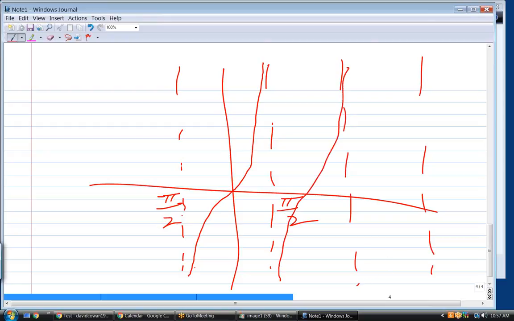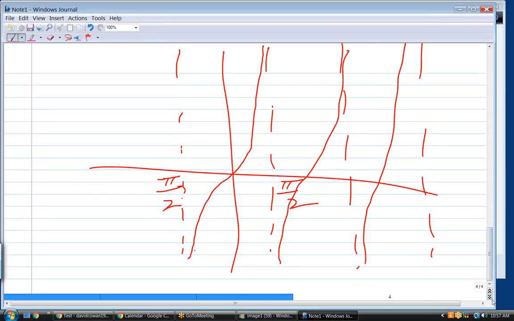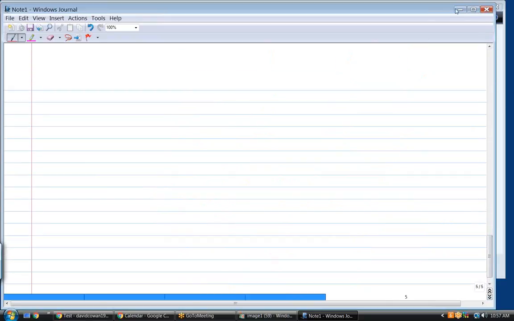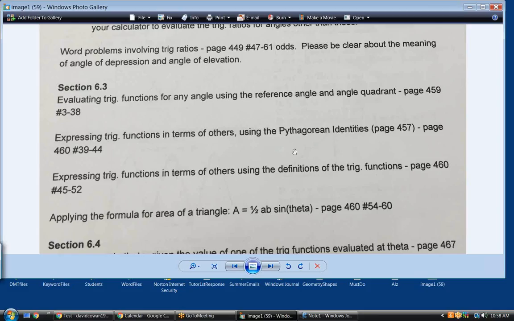In other words, multiple periods of the tangent are like that. Like I said, this is a little more unusual, and you don't necessarily need to memorize the tangent curve as much as the sine and cosine curves. All right, let's see.